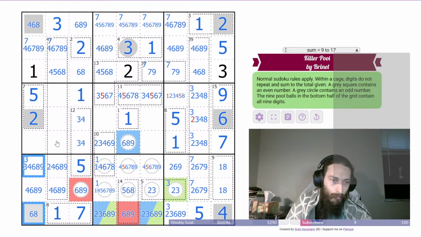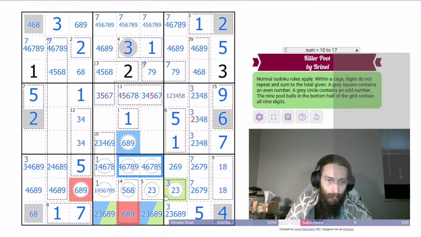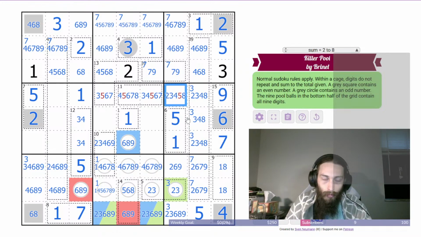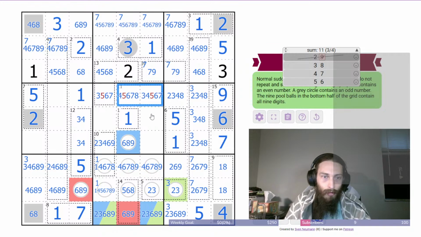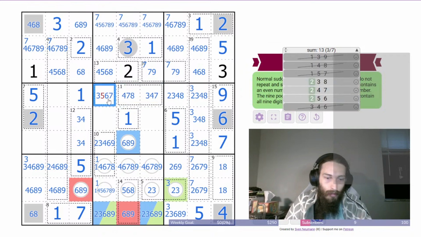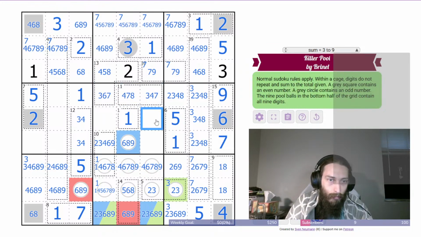Those aren't 2's. Don't have 5's there. That's not a 2, not 1 or 5. 5, 6 pairs out of the 11. 5 and 6 out from the top of that.